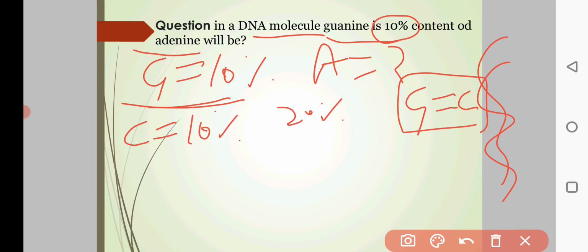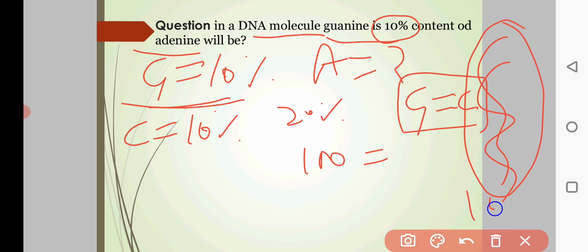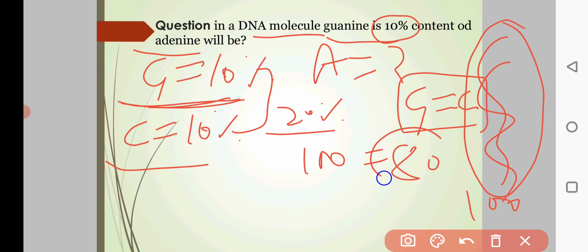If we subtract 20% from 100%, because in this molecule all the nitrogenous bases are 100%, these four nitrogenous bases: adenine, guanine, thymine, cytosine. So guanine is 10%, that's why cytosine is also 10%. So these together are constituting 20%. So the remaining 80% will be constituted by adenine and thymine.